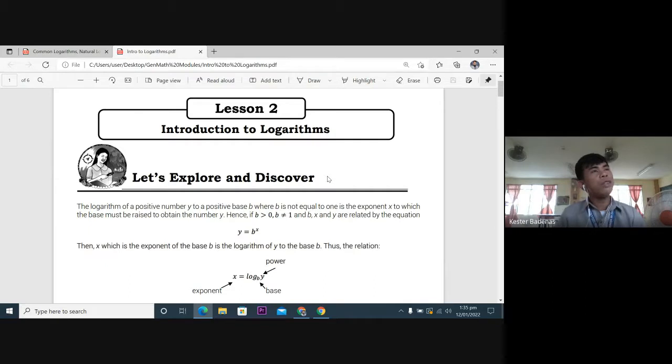And if a given equation deals with exponents, logarithm is there to equalize the exponent. Kasi 'di ba, what if yung exponent yung nawawala? So ano yung gagawin natin?